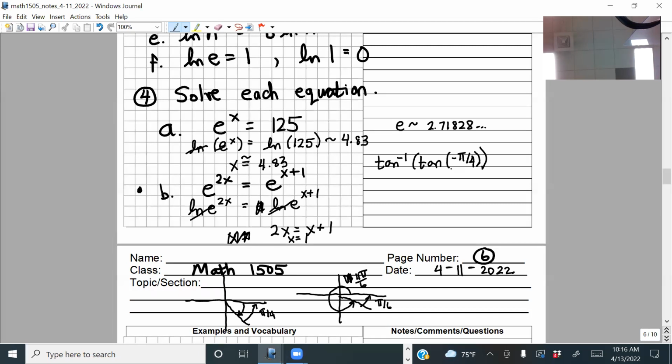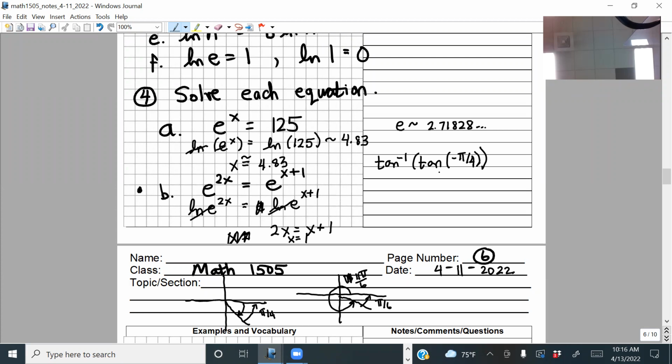The thing to remember is tangent is sine divided by cosine. So think of it that way. The sine is what sign in the fourth quadrant? Sine is negative. Cosine, though, is positive. So for tangent, you have negative divided by positive, and so that's negative.